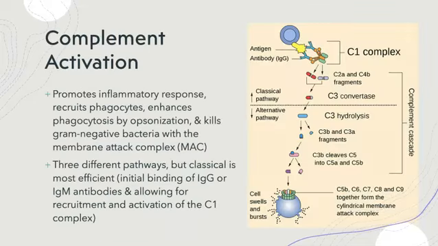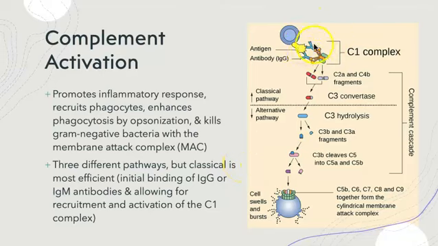And yet another function of antibodies is to allow for complement activation. By coating an antigen with an antibody, we can promote the inflammatory response and recruit our phagocytes and enhance phagocytosis by opsonization and kill our gram-negative bacteria using that MAC complex. There are those three different pathways that we've talked about before, but the classical is going to be the most efficient.